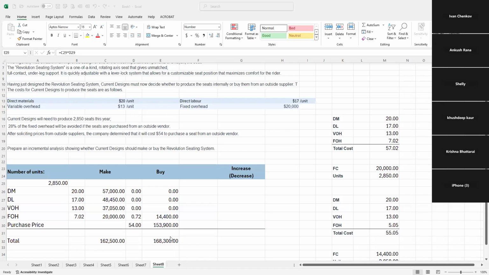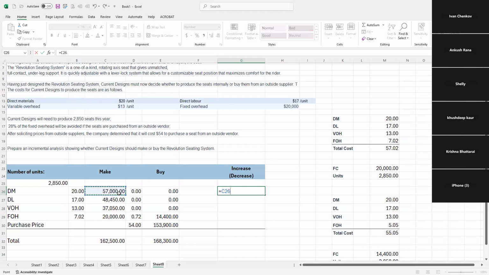Make sense? Are you guys with me? Yes, Professor. So what's going to happen with my income if I decide to buy it? We will have a loss.